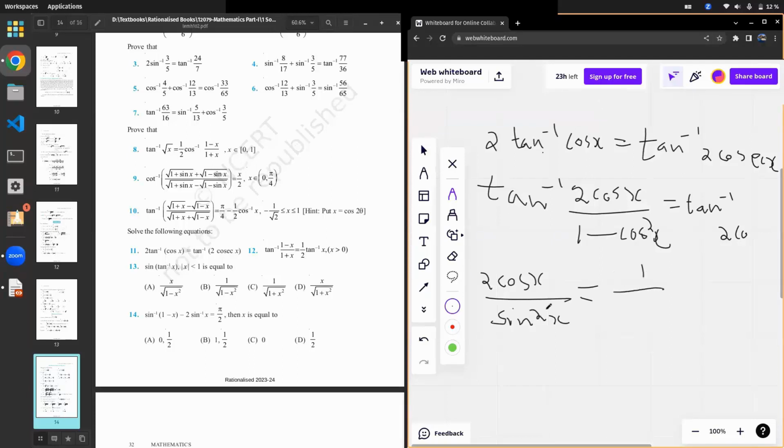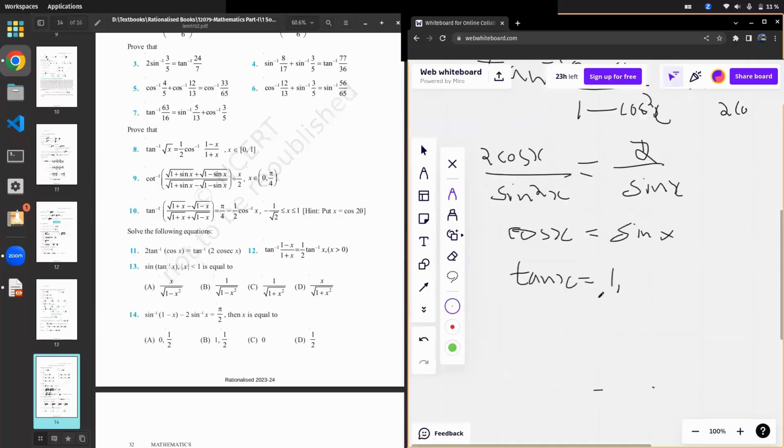That is 2 cos x by sin square x is equal to 2 cosecant x, which is equal to 2 by sin x. So this will be equal if cos x is equal to sin x. So we can say that this is equal if tan x is equal to 1. That implies x is equal to pi by 4 is the solution of this equation.